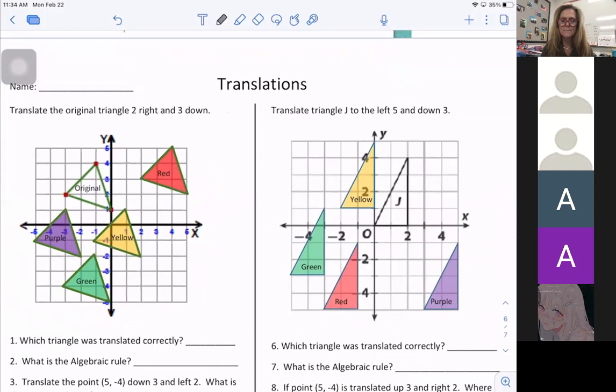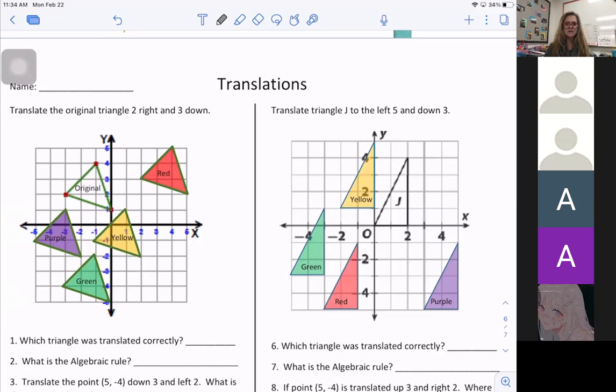Miss Leonard. Are we supposed to do the reflection and rotation pages today? Nope. Go to your translation page in Notability. There is not another translation page. If you go back to the folder, the assignment. So we finished. Oh, yeah. That makes sense. I got it now.